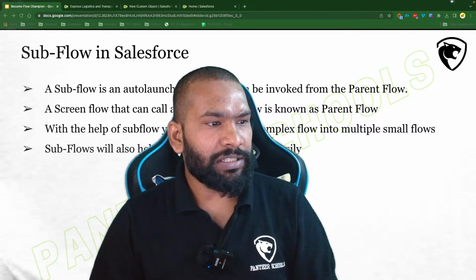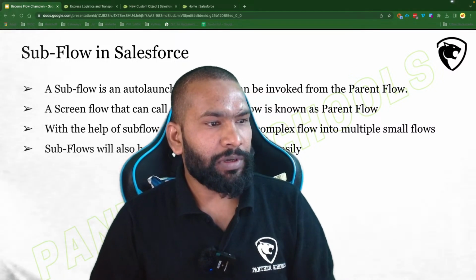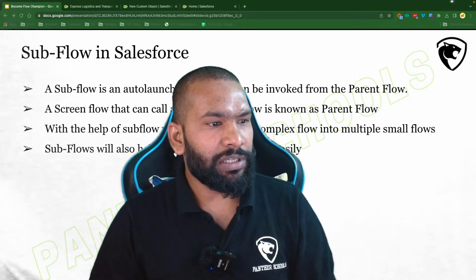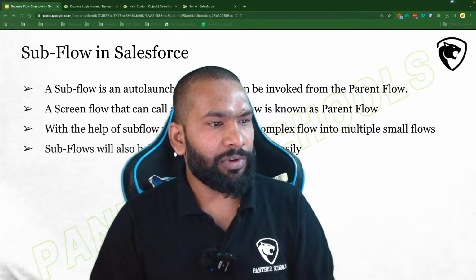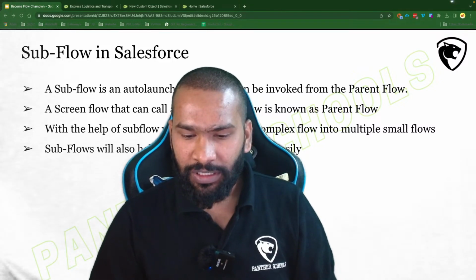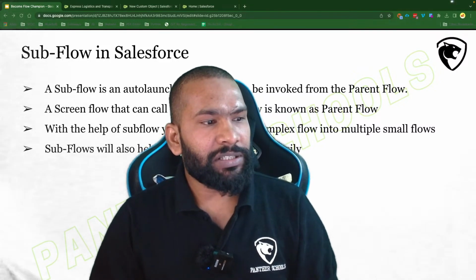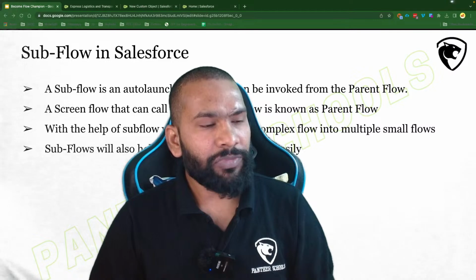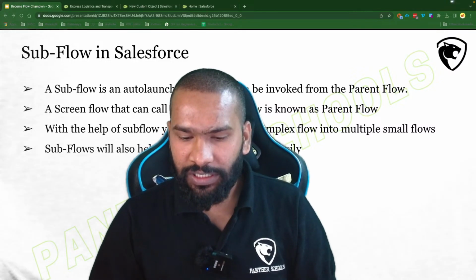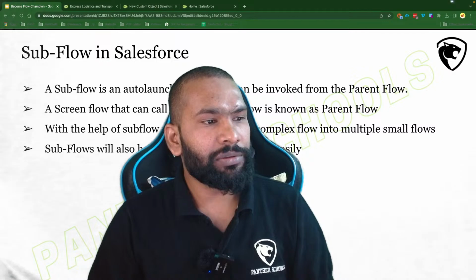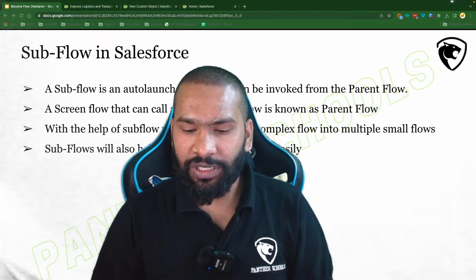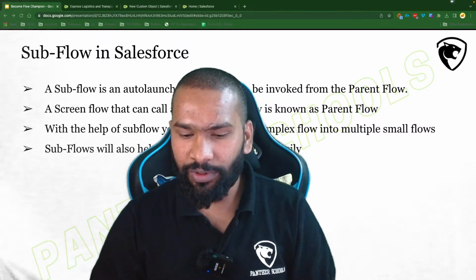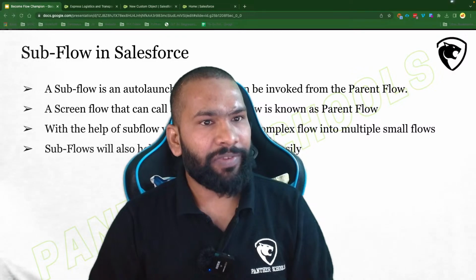Okay, there is a question from Raman. I have a question from yesterday's session in real time. Which do we most prefer to create in a screen flow, the fields, or the record fields? It actually depends, Raman, but I usually prefer to use the record fields. That's my preference. If I have to create a screen that is only taking the input for a single object, I'll always use record fields.